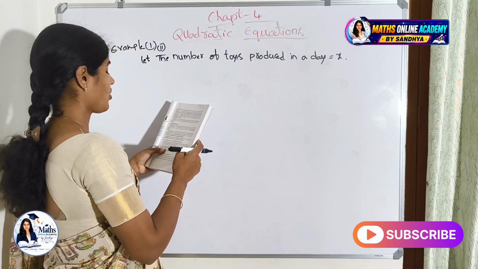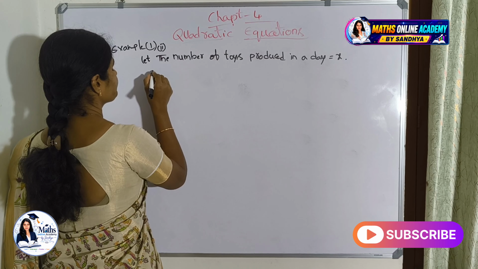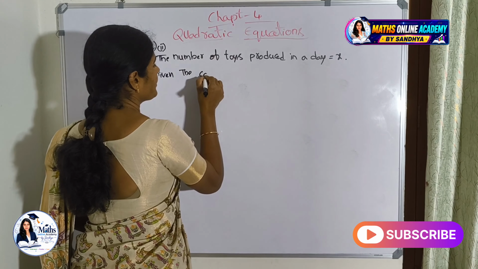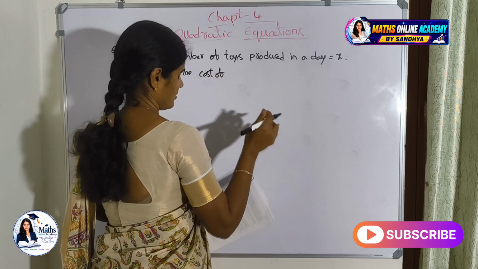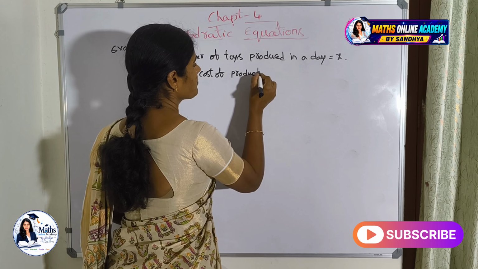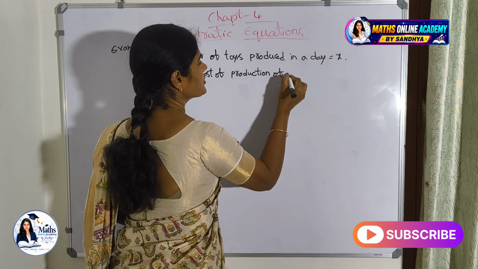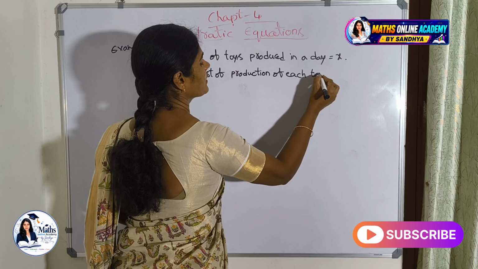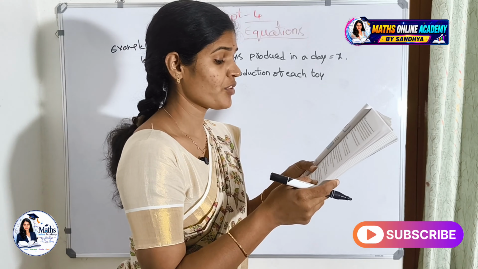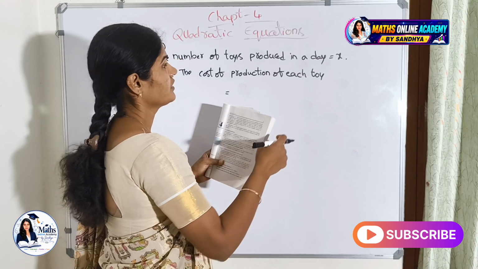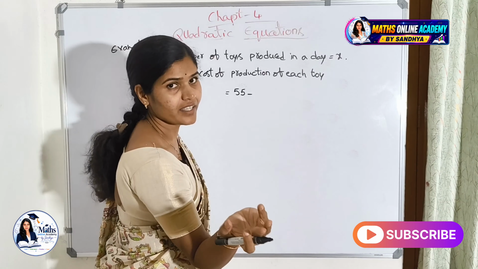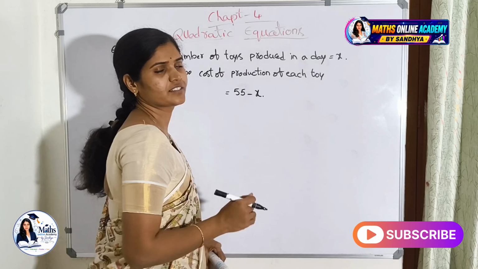Therefore, the cost of production of each toy equals 55 minus the number of toys produced in a day, which is 55 minus x. This is the x. Okay.